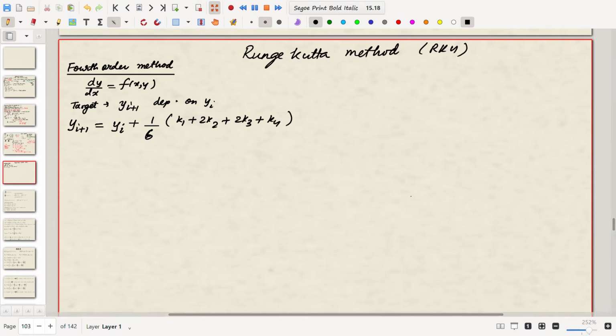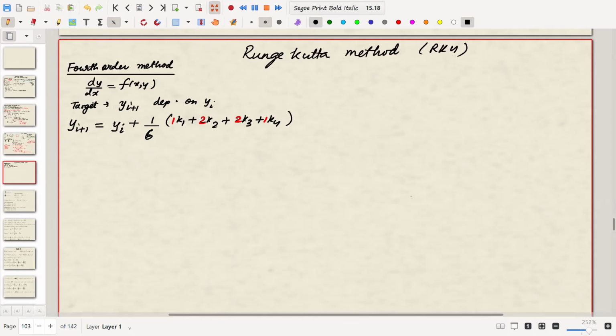Now what are these k1, k2, k3, k4? Observe these numbers: 1 times k1, 2 times k2, 2 times k3, 1 times k4. Now, what is the sum of 1, 2, 2, 1? 6. And you can see that's how it is a weighted average. You are dividing by 6.